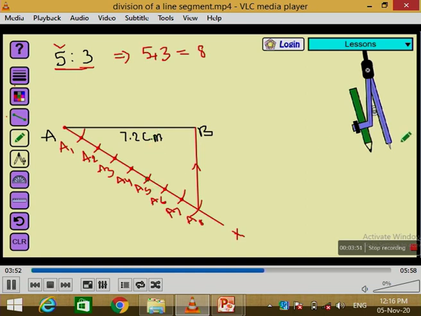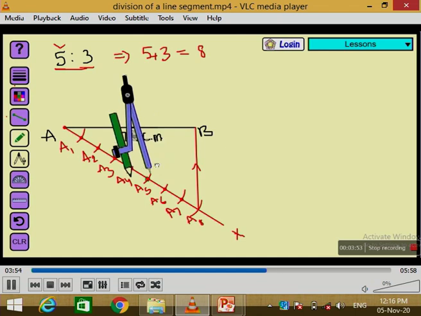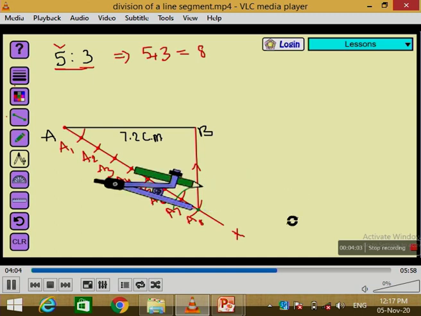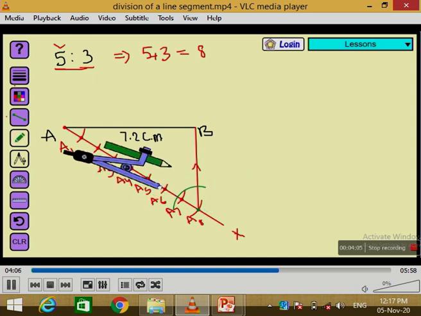How? Observe carefully, we can do it in multiple ways. We can draw a parallel line using a protractor, or a compass, or a set square, but the easiest way to draw a parallel line is by using a compass.